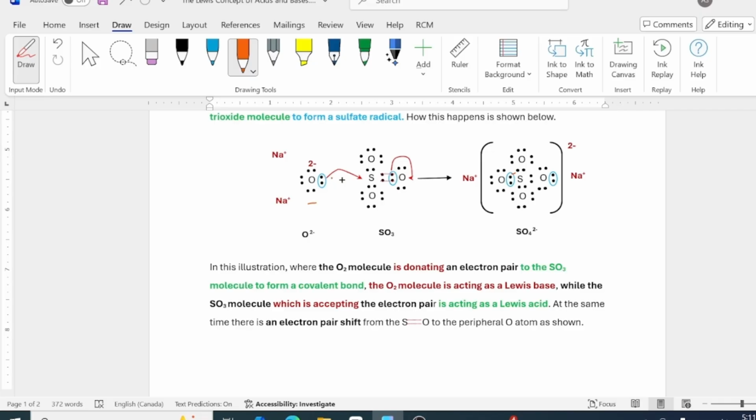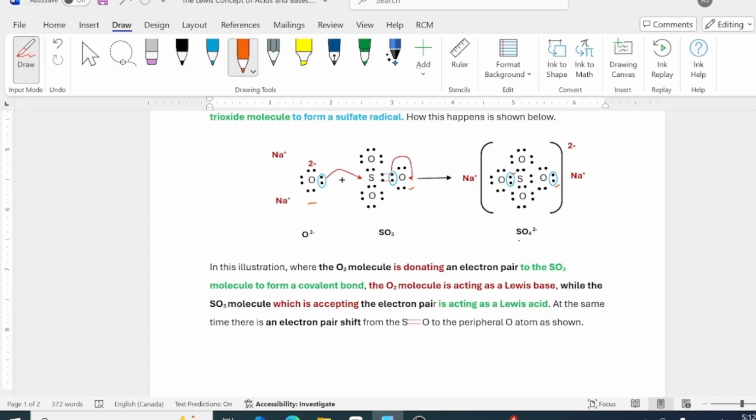At the same time, while the sulfur atom in the molecule is accepting the two electrons from the oxide ion here, a pair of electrons from this S=O double bond is removed and transferred to this peripheral oxygen atom. And you can see that the pair of electrons that gets transferred is identified here.